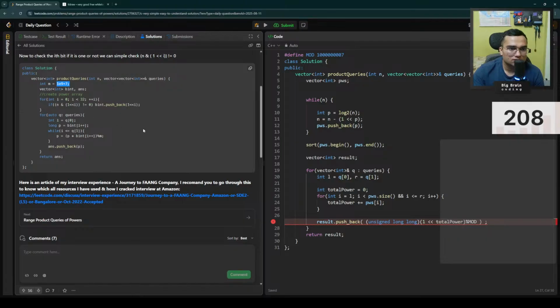Create power array. bint.push_back. For auto q in queries, i equals q0, long p equals bint i plus plus. What is bint? That's just, okay, while i is less than this, p equals p times bint mod m.